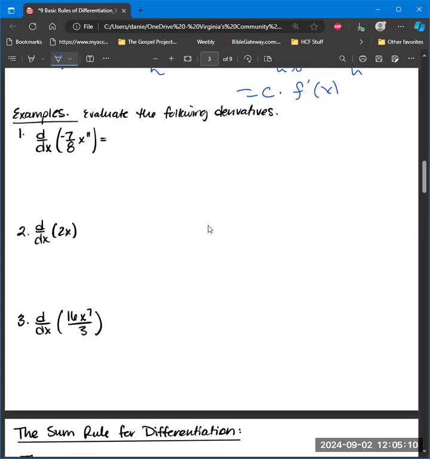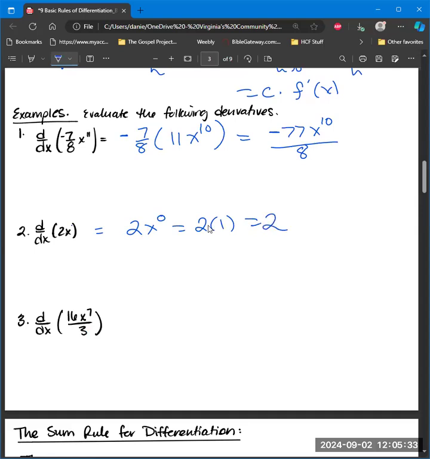So this negative 7/8 will just sit there times 11x to the 10th. It's going to give me negative 77x to the 10th over 8. This is 1 times 2 is 2. X to the 0 is 1, so 2 times 1 is 2.